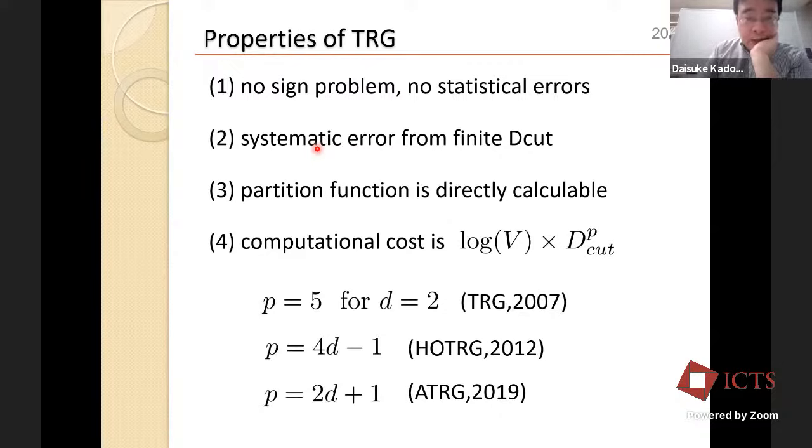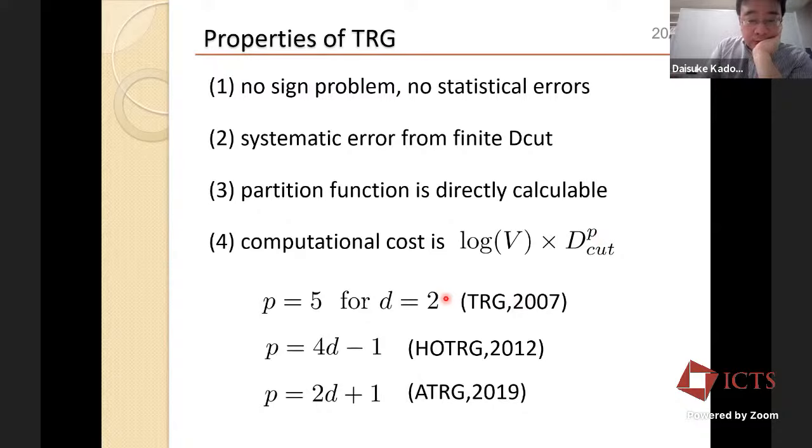TRG has only systematic error that originates from the finite D cut effect. And the partition function and free energy are directly calculable in this method. The computational cost is proportional to the logarithm of the volume times D cut to some power p, and this power p depends on the renormalization scheme.